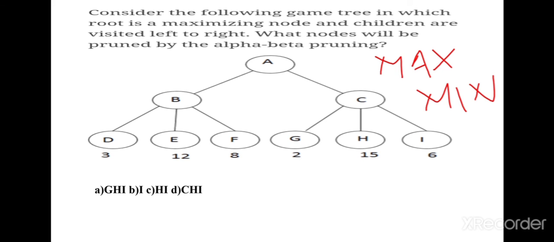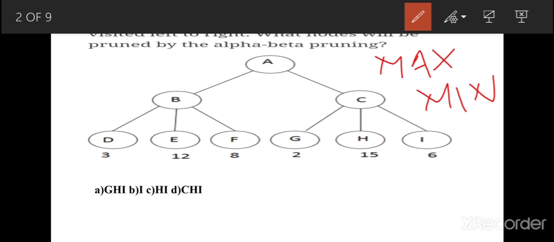We start from which node? We start from node D, because using DFS traversal we reach node D. The condition here is minimum, so the parameter used is beta. Beta should be less than or equal to 3. Then we consider 12, then 8.